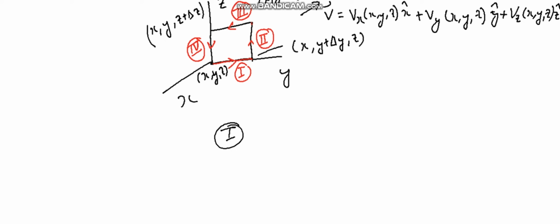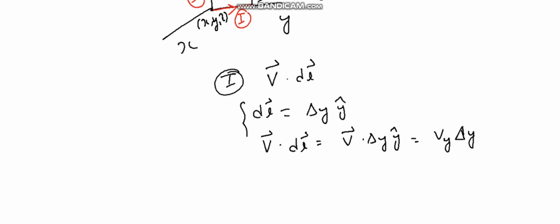So for path 1 we have to calculate V dot dl. For path 1, dl is delta y times y cap, so V dot dl is equal to V dot delta y y cap. So it is going to be Vy delta y.